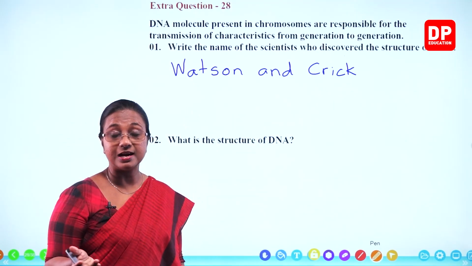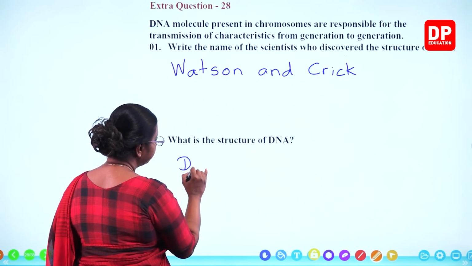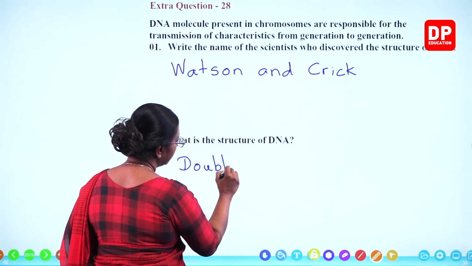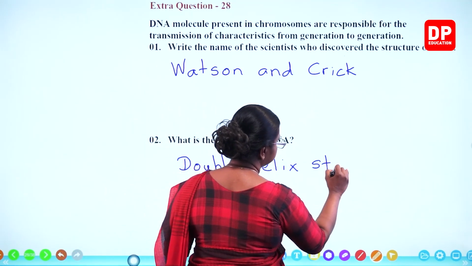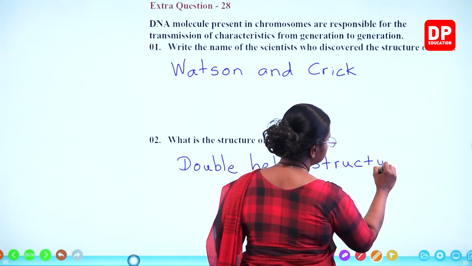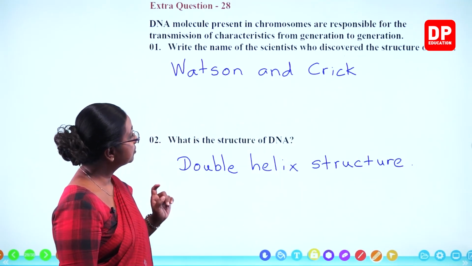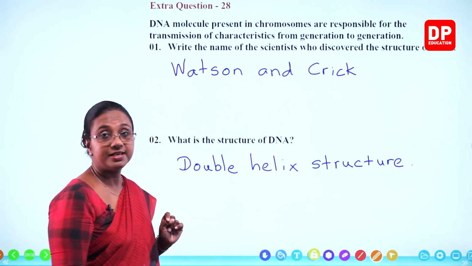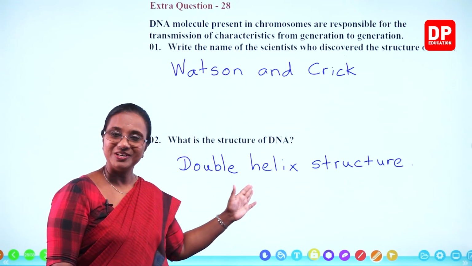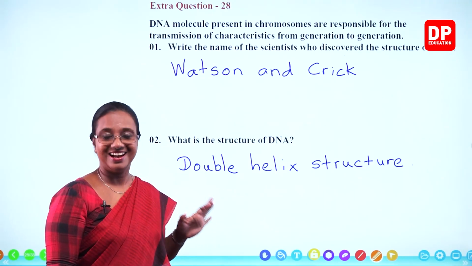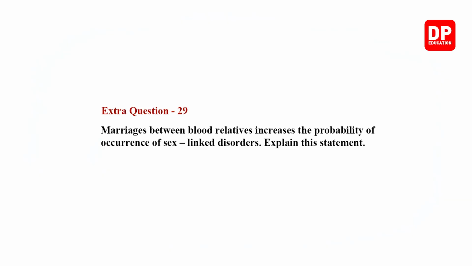Double helical structure or double helix structure. So the scientist who discovered that was Watson and Crick, and it has a double helix structure. I am sure you have written these correct answers. So with that, students, we'll move on to the next question.